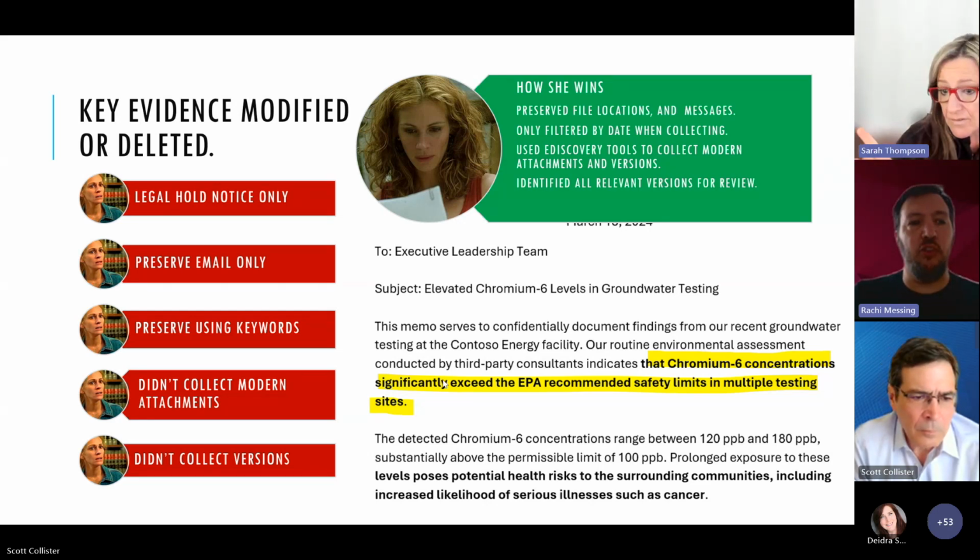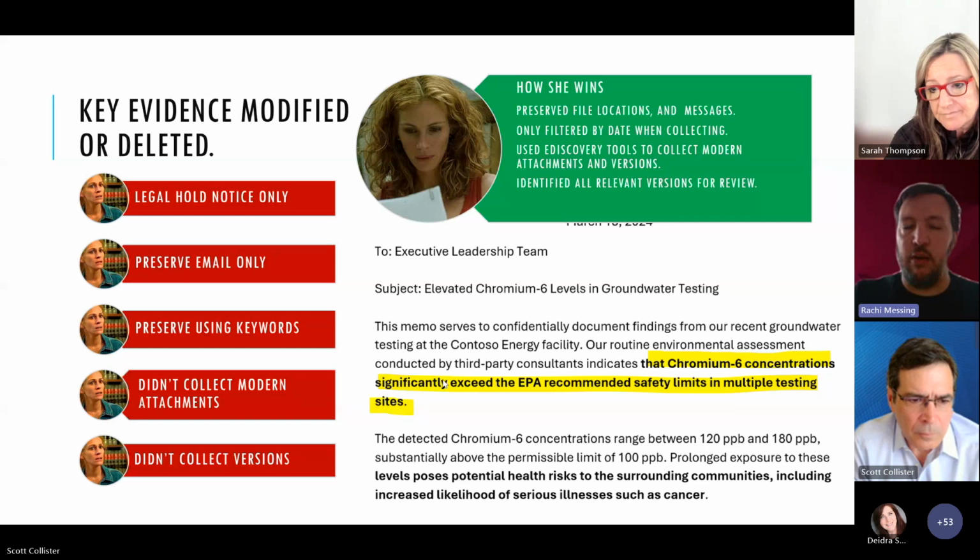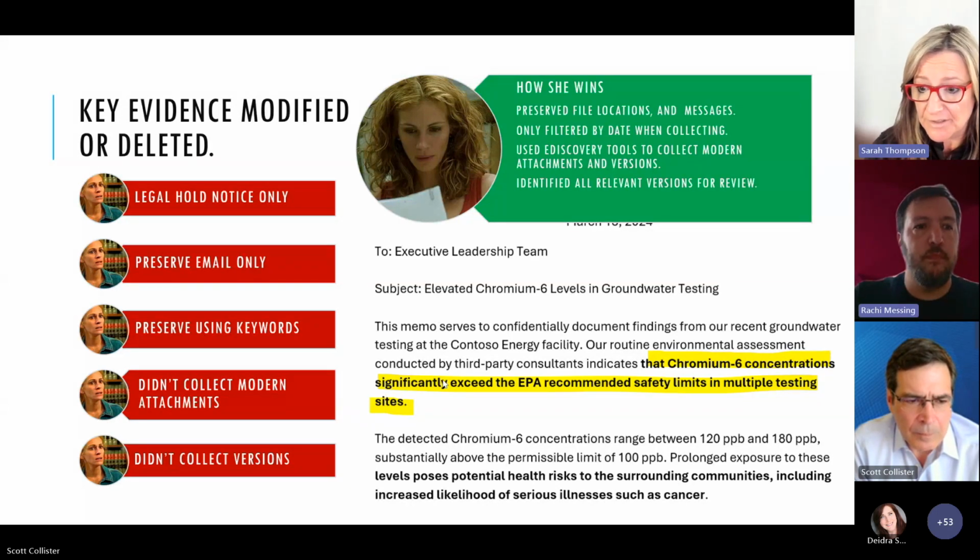In general terms today, if you just preserve the email, it is not going to preserve that actual file that's sitting out there in OneDrive. But it is a good point.